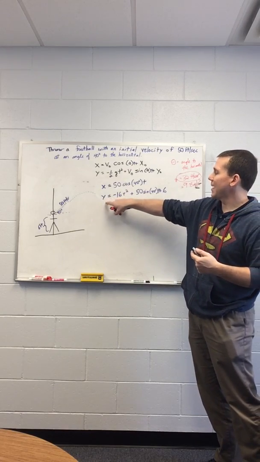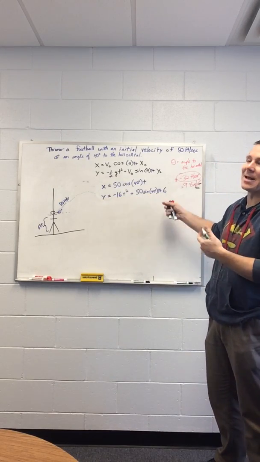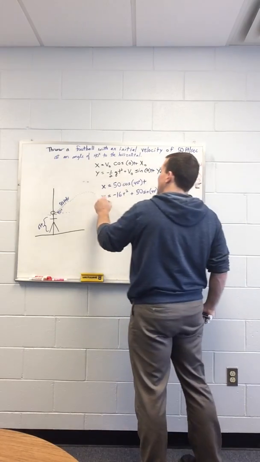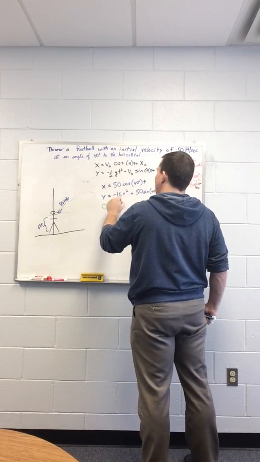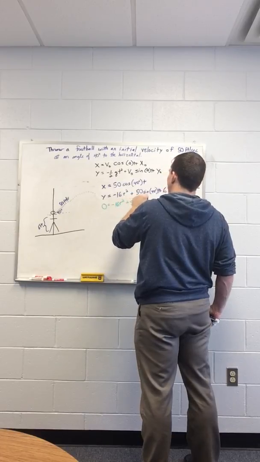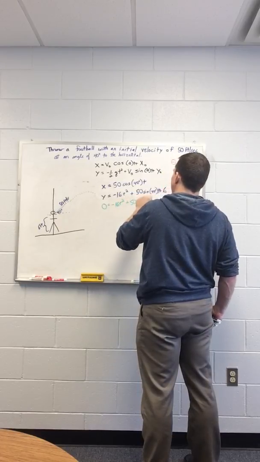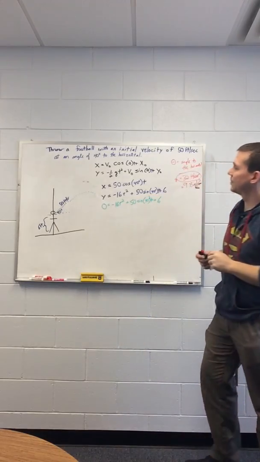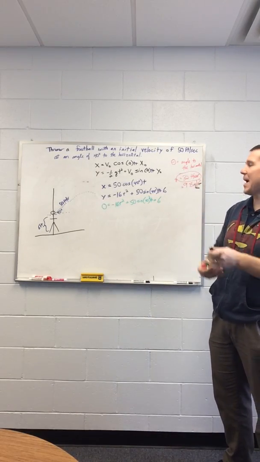So set the y value equal to 0 and solve for time. That'll tell me when it's on the ground. So I get 0 equals negative 16t squared plus 50 sine 40 degrees t plus 6. And now just solve that out.